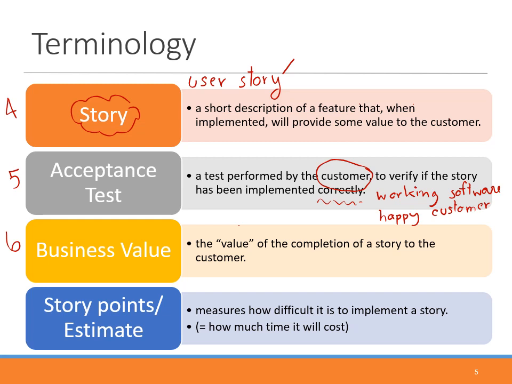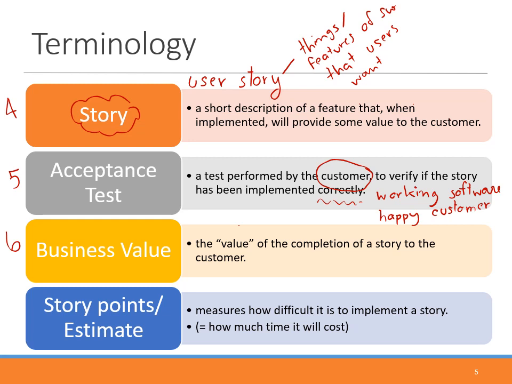Okay, so let me write this additionally. User story means description, features, things that the user wants. Okay, so the value is used to determine how important that story is.